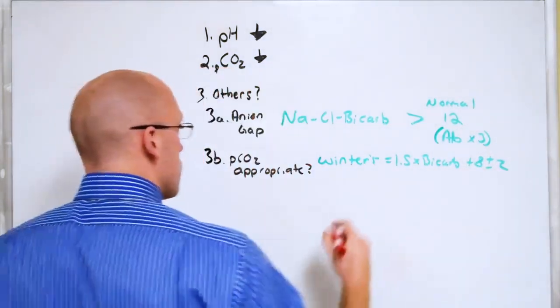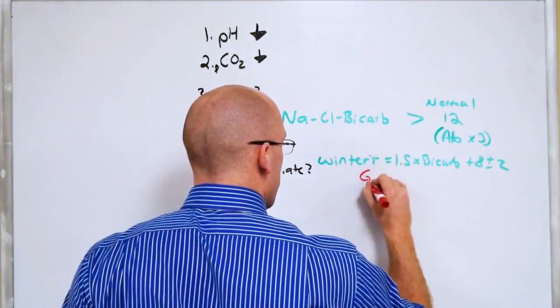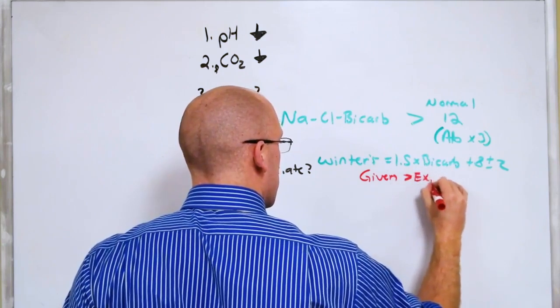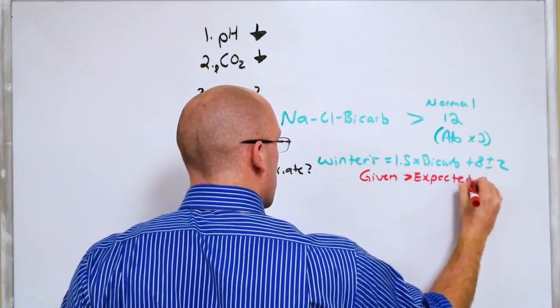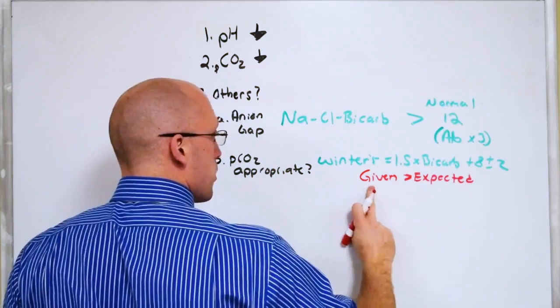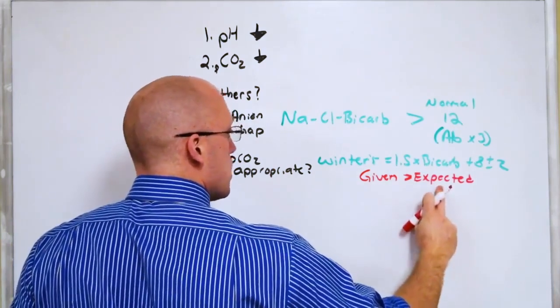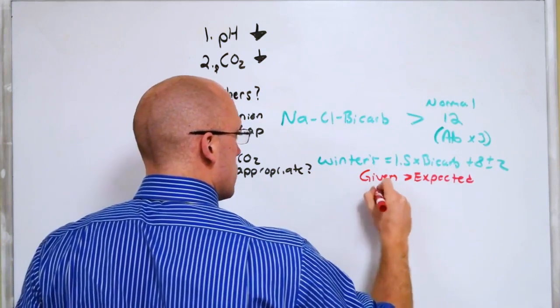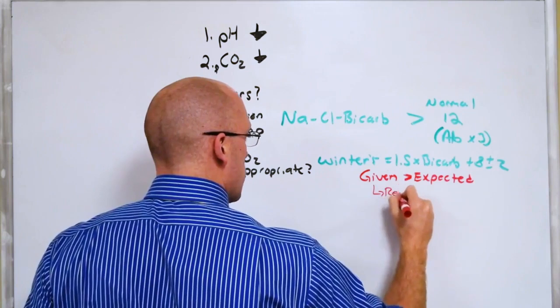If the CO2 that you are given is greater than expected, that is, the expected being calculated by Winter's, the thing you're given on the paper is greater than what you calculated, you have too many respiratory acids. Therefore, you have a respiratory acidosis.